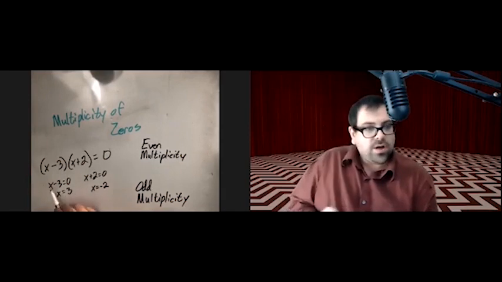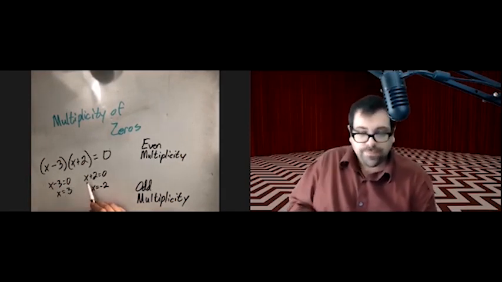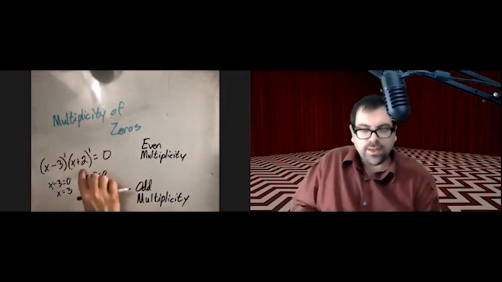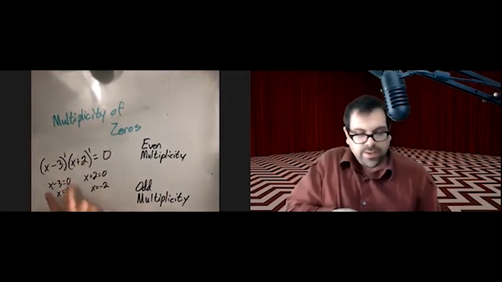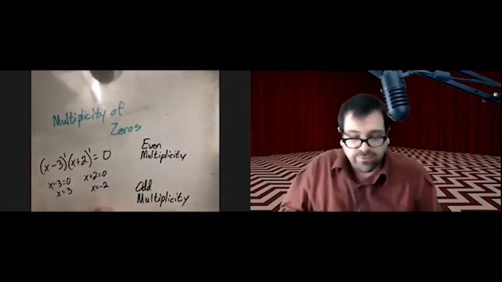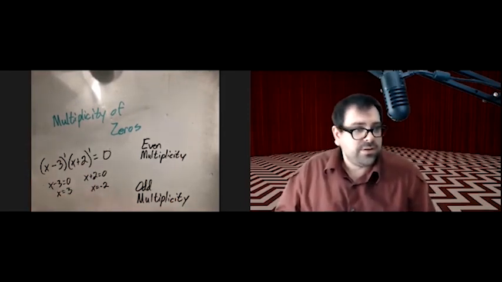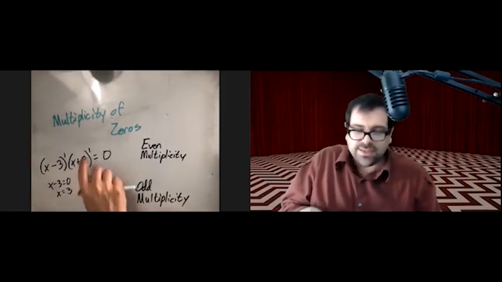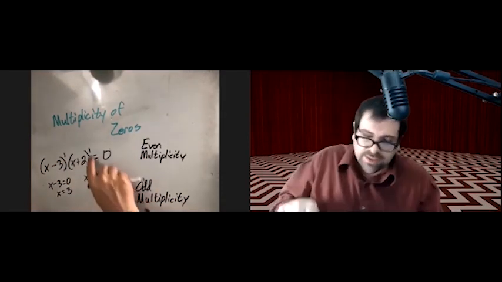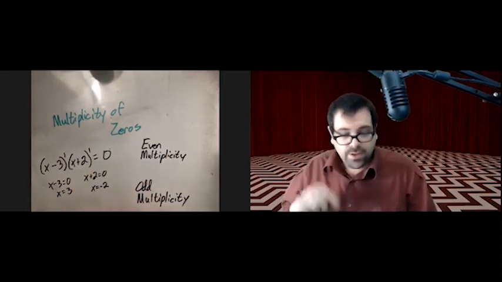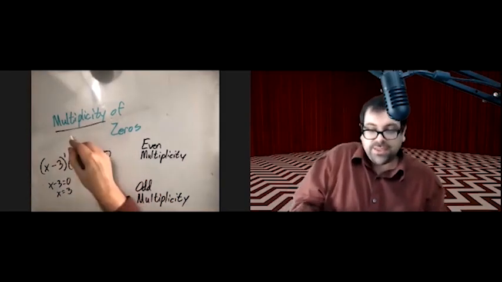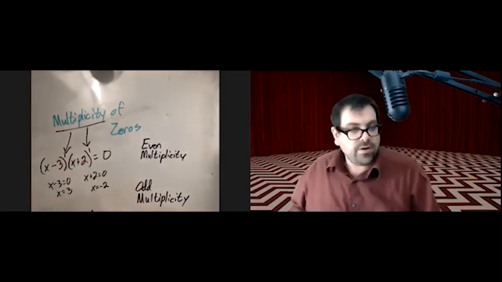The things we solved came from linear factors. The x minus 3 wasn't raised to any fancy power like a square or a cube or a 4. It was just to the first power. The x plus 2 wasn't either. It was just to the first power. So these zeros would have multiplicity of 1.